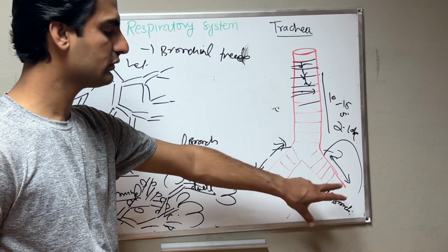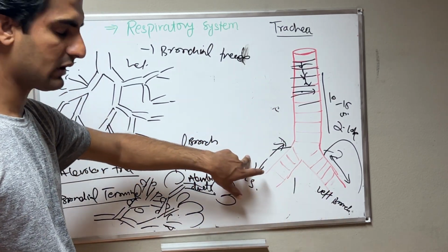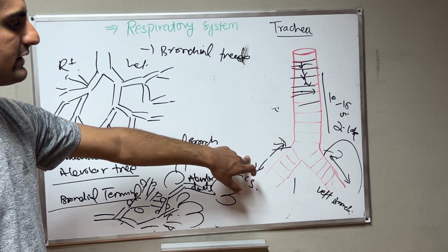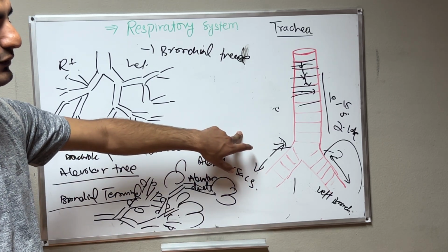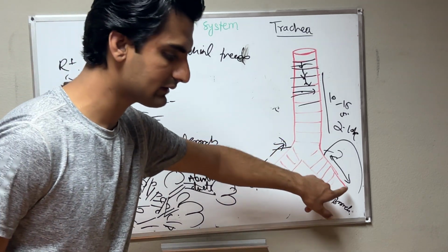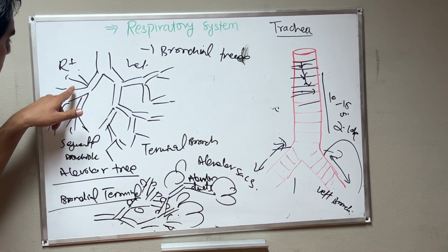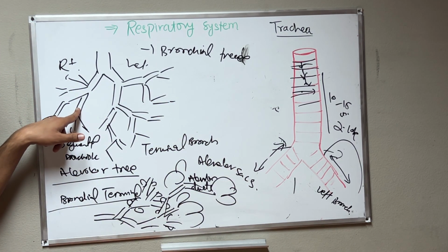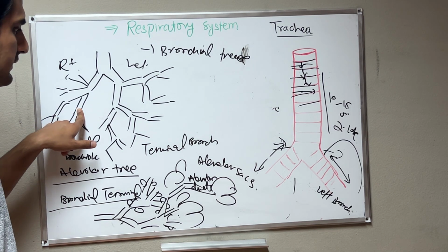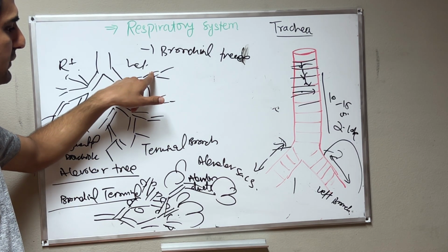The left lung has two lobes. When the bronchi enter the lungs, they divide: the right has three lobar bronchi, superior, middle, and inferior, and the left has two, superior and inferior.